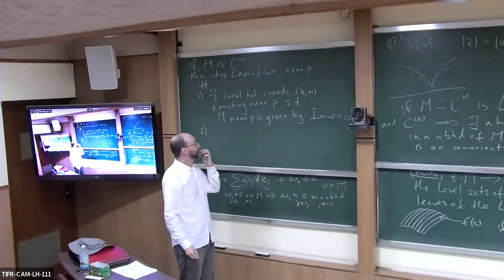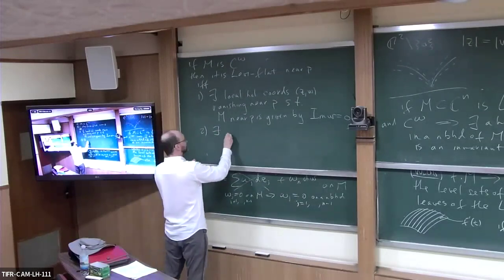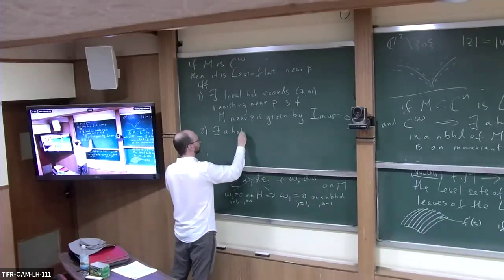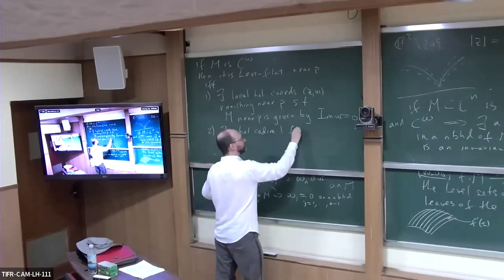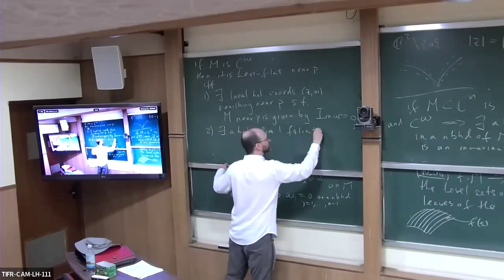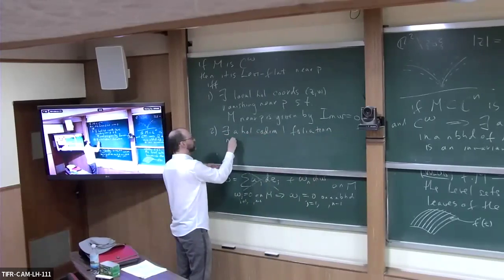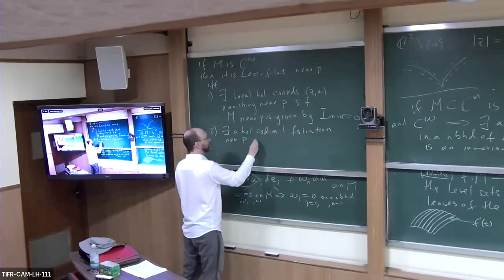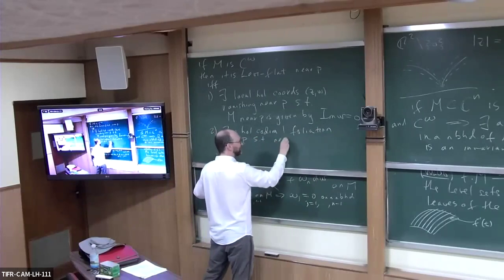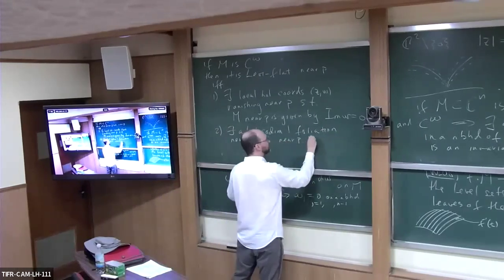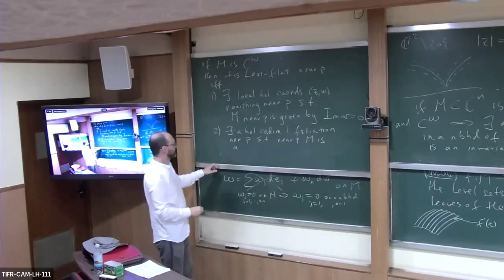We could also ask that there exists a holomorphic codimension 1 foliation near P, such that near P, M is an invariant set.